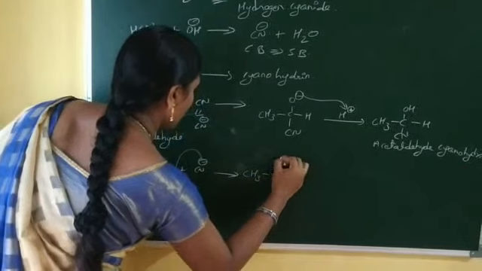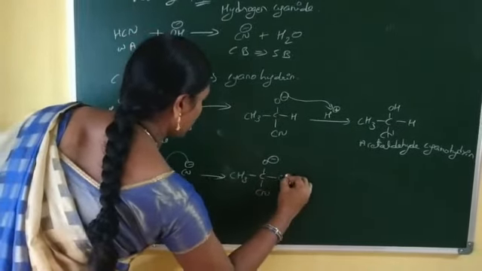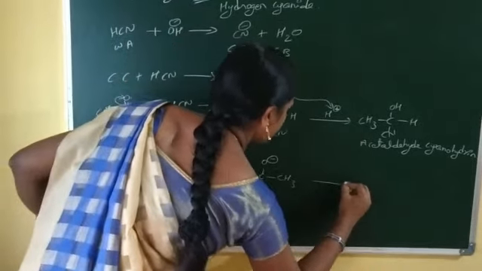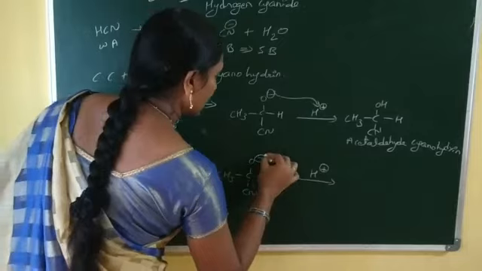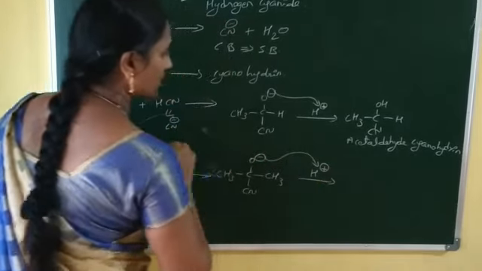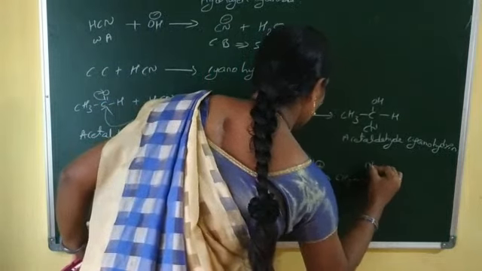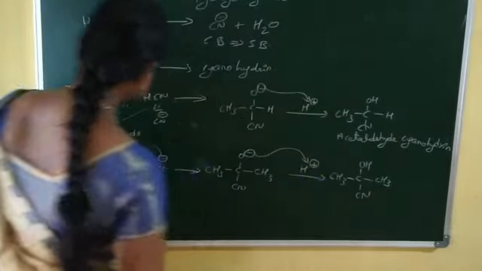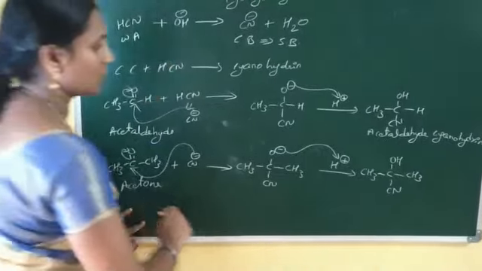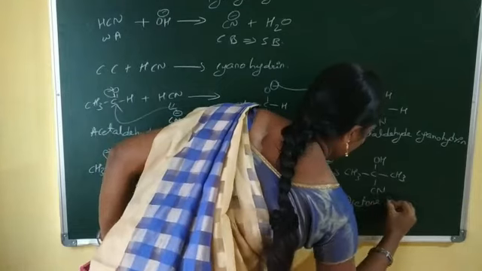C, O minus and cyanide bond, a new bond is formed, and also CH3. Now this oxonium ion is treated with an electrophile like H plus. This O minus takes that H plus to convert to OH and form cyanohydrin. That cyanohydrin name depends on the reactant. The reactant is acetone, so the name is acetone cyanohydrin.